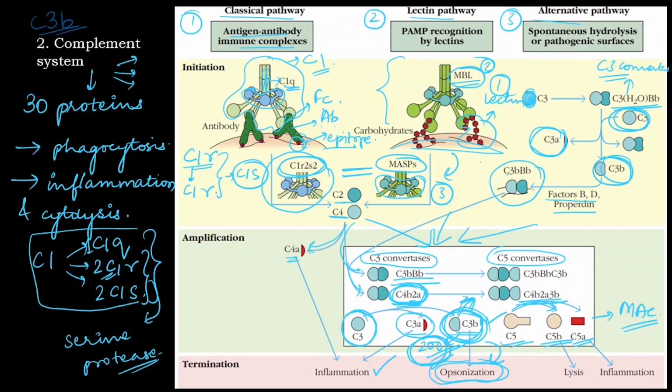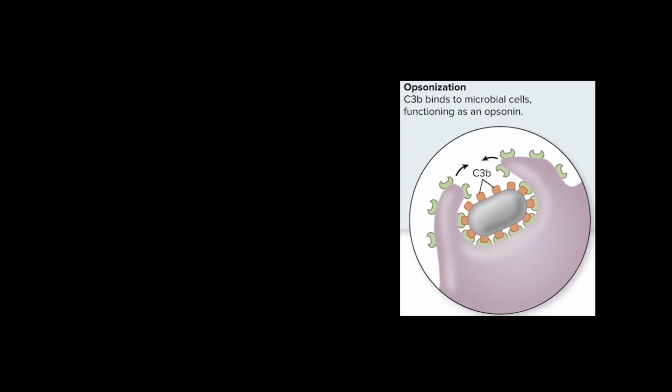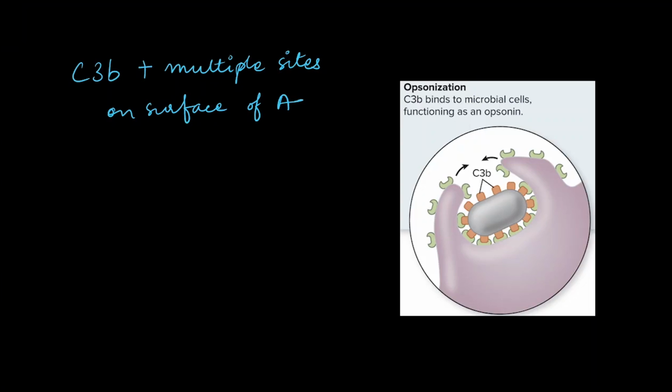Now this C3b molecule, what is that? See here in the diagram, the C3b molecules will be interacting with multiple sites on the surface of the antigen.